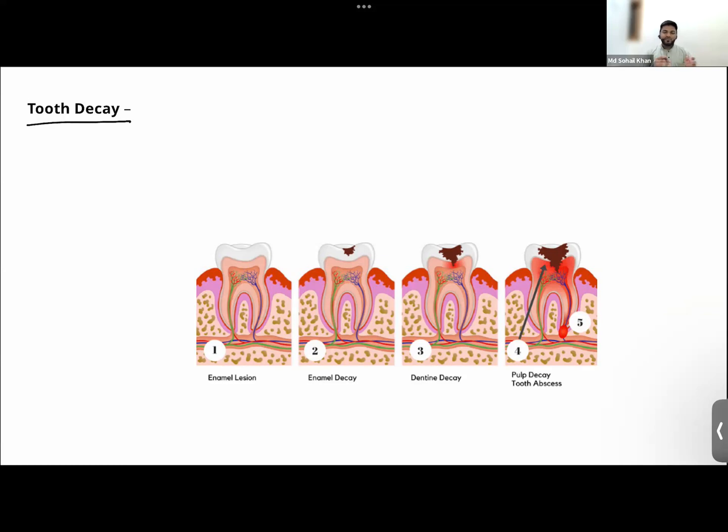Okay, but while the dentist is operating on your teeth, you won't feel any pain at that time because they give you anesthesia. Okay, so look, what happens in tooth decay? There's a gradual damage of teeth. Why is it so? Because some food gets stuck on the tooth.